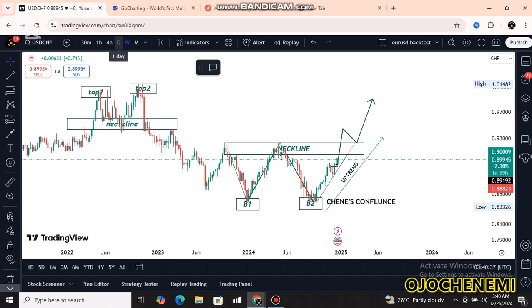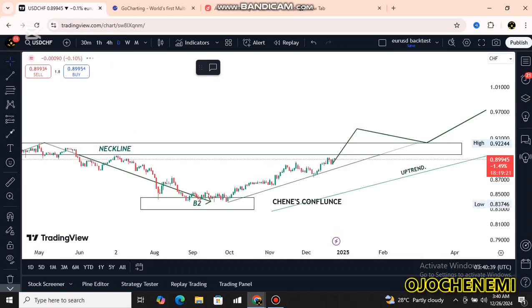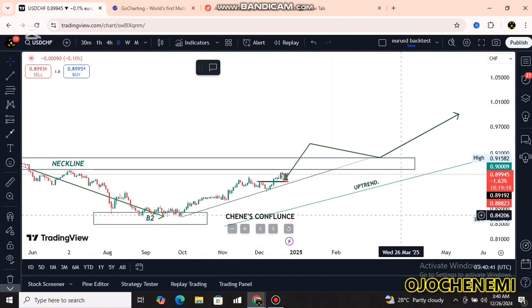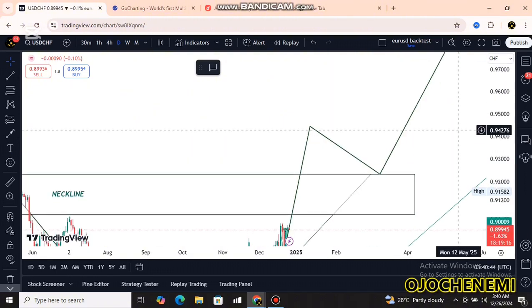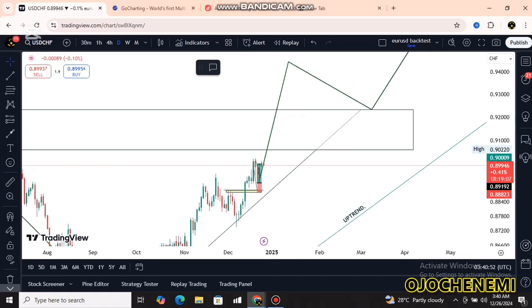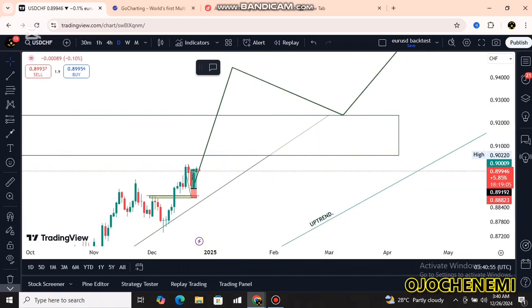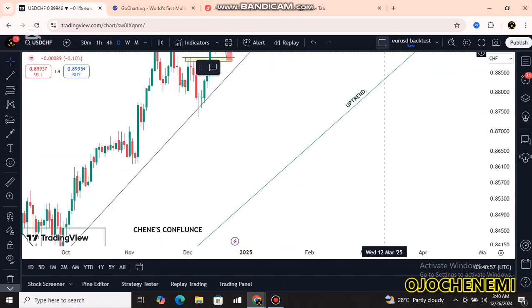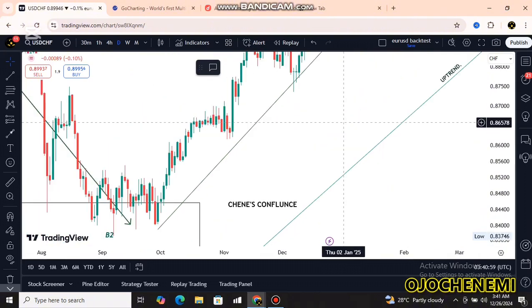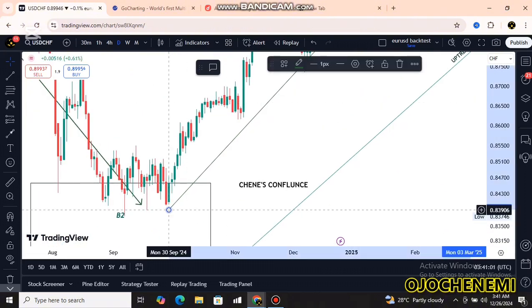Uptrend, no doubt. Oh, sorry, my uptrend is upside down. Uptrend. Okay, we have it here. So this is an uptrend from the one week, the weekly time frame.